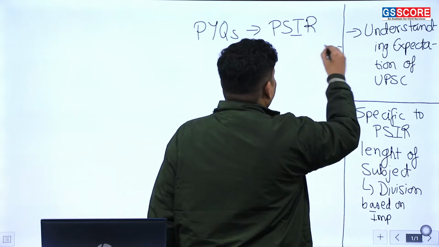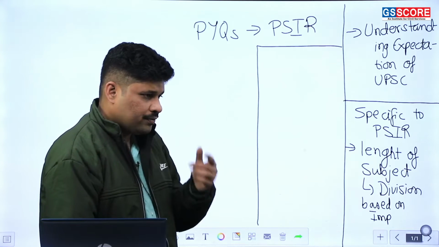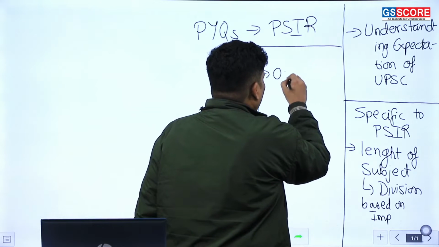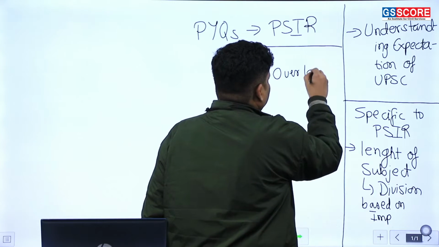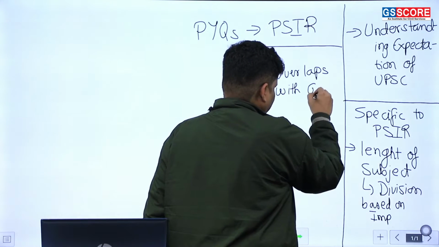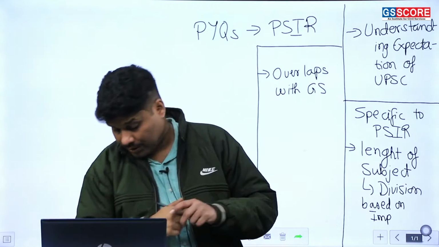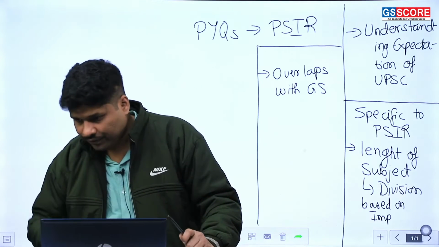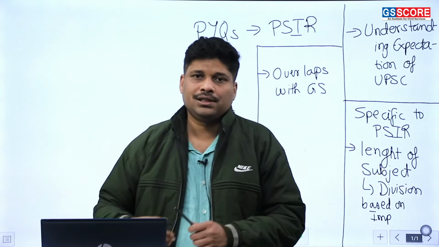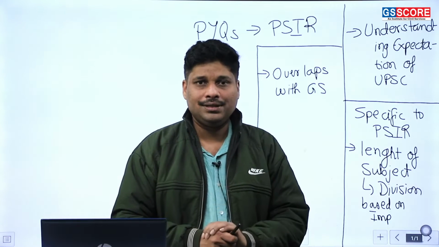Next thing why PYQs are important from the point of PSIR is that the subject of PSIR overlaps with GS. Almost 70 to 75% of the subject overlaps with general studies.